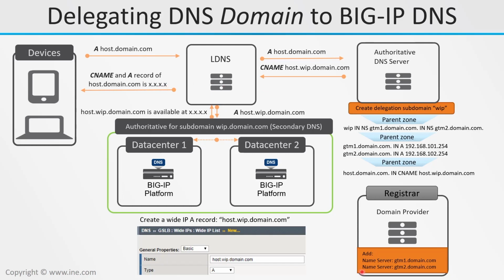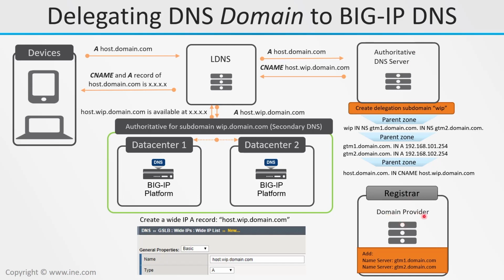Another thing I want to note is that when dealing with the registrar, we need to update the name servers of the domain provider. This could look different depending on the provider. For instance, GoDaddy could act as a registrar and an authoritative DNS server. Sometimes it's split so that these are two separate entities.